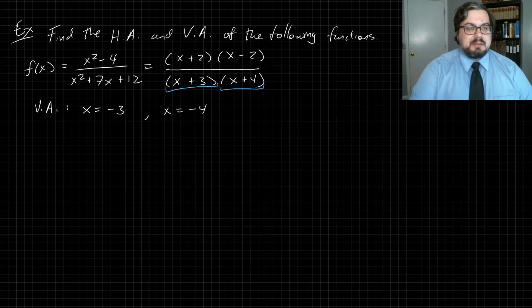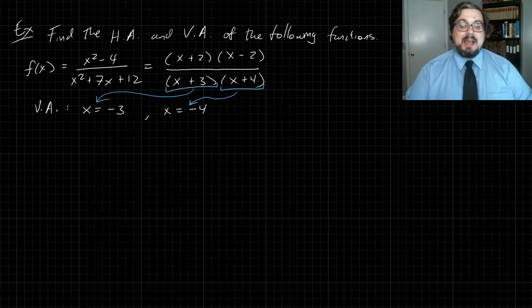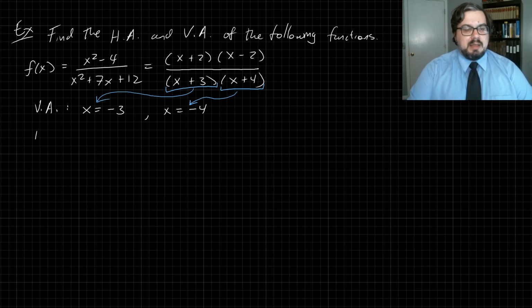These are the numbers that you would plug into these different factors in order to make them equal to 0. The vertical asymptotes, remember, correspond to the places where the denominator becomes 0 after you've reduced the fraction. Now, for the horizontal asymptote, we look at the original function and we compare the degrees.